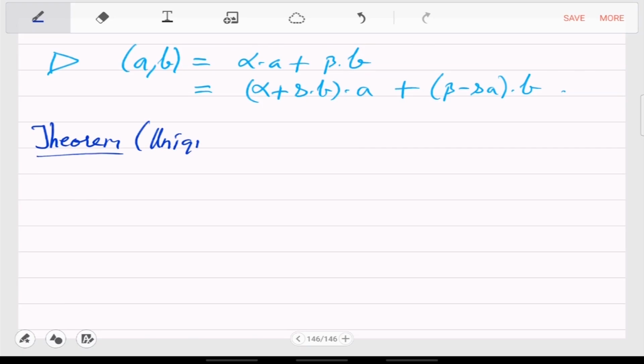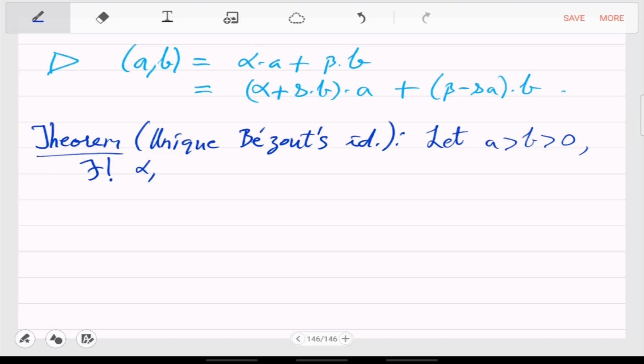So this is the unique Bezout identity. As always, let's assume A greater than B greater than 0.